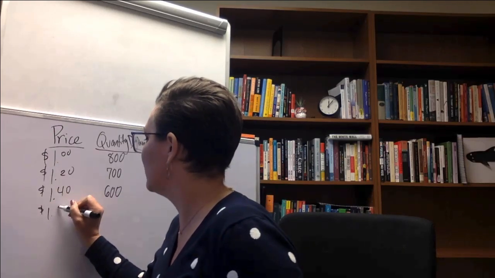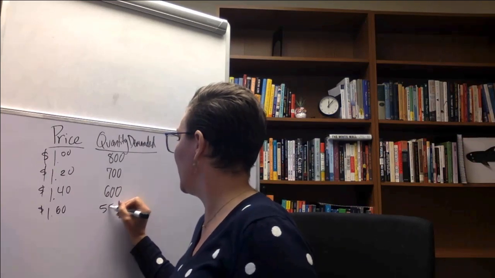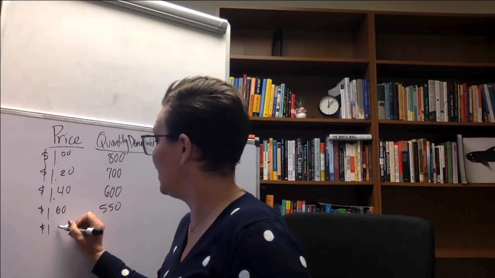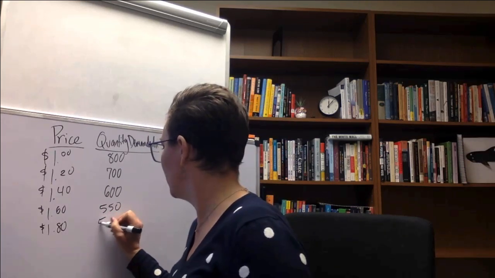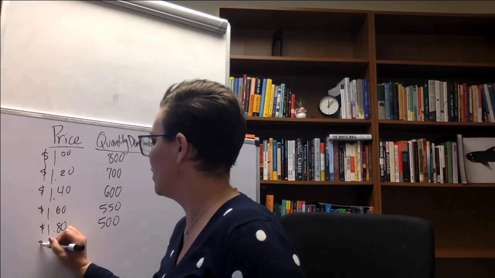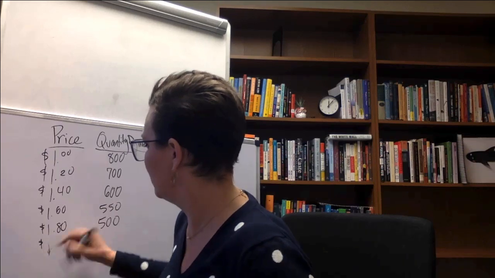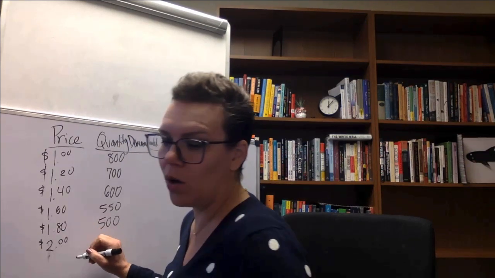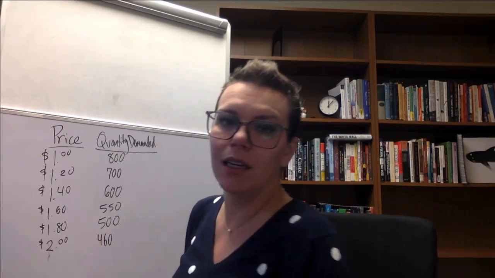At $1.60, it's going to go down to 550 million gallons. At $1.80, it's going to go down to 500, and so on. And so here what we can see is, as the price goes up to, say, $2, quantity demanded goes down to, say, 460 gallons of gas.